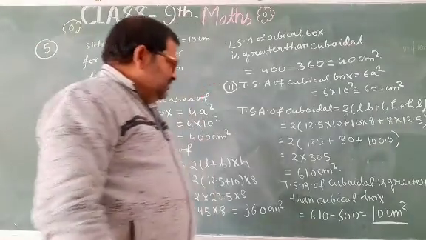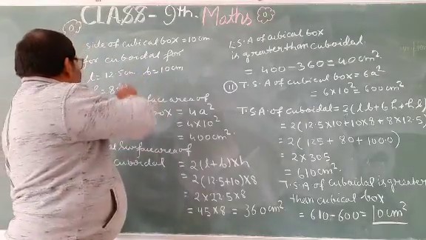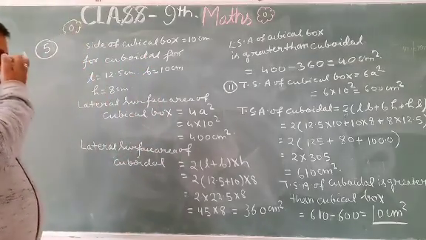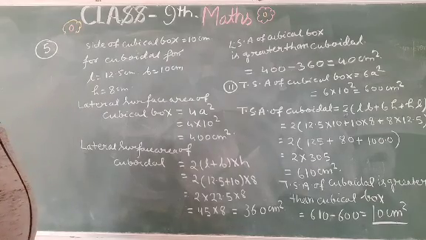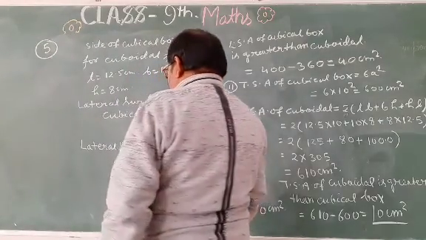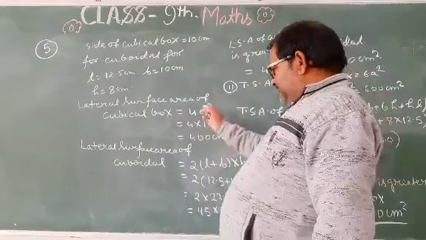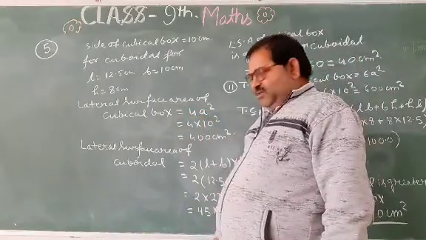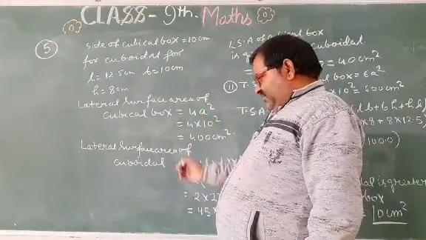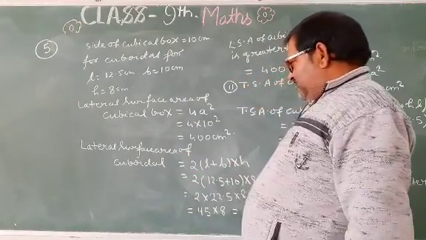We find that the side of a cubical box and the sides of a cuboidal box are given. Then we find the lateral surface area of the cubical box and of the cuboidal box.